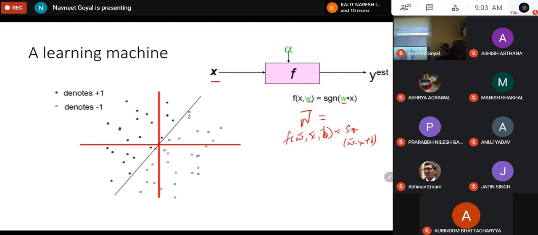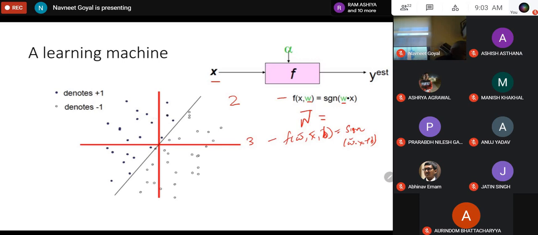So here, how many parameters do I have? I have 2 parameters. Here, how many do I have? 3, right? And if I now talk about a circle, something like this, centered at this point.